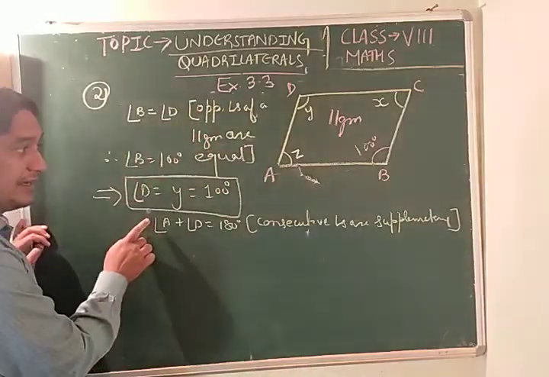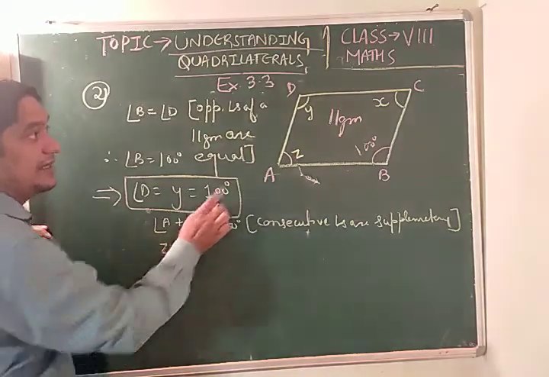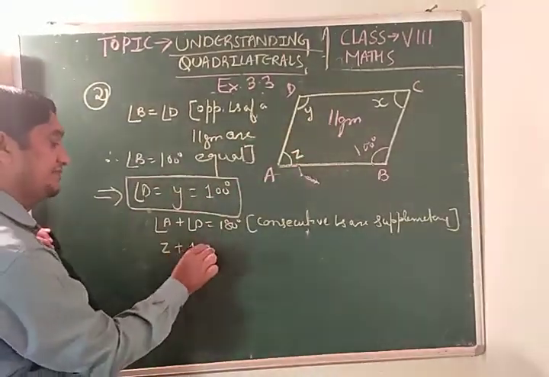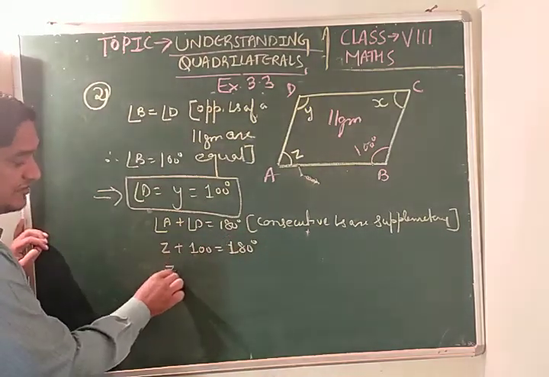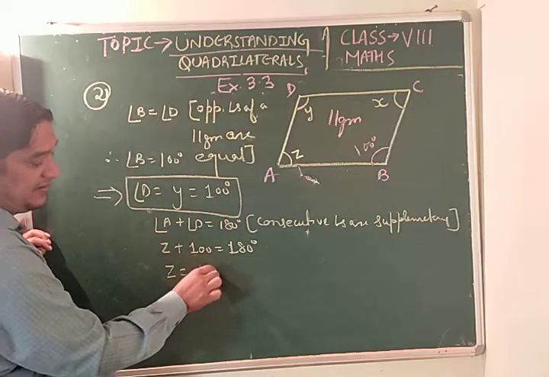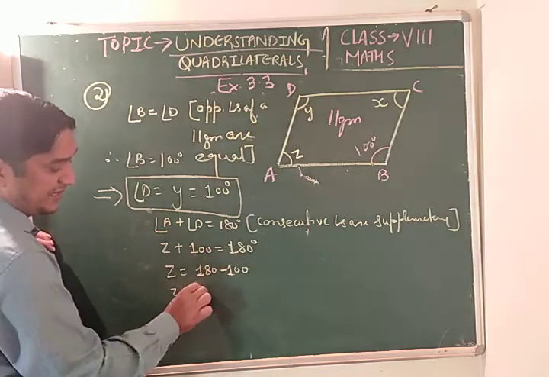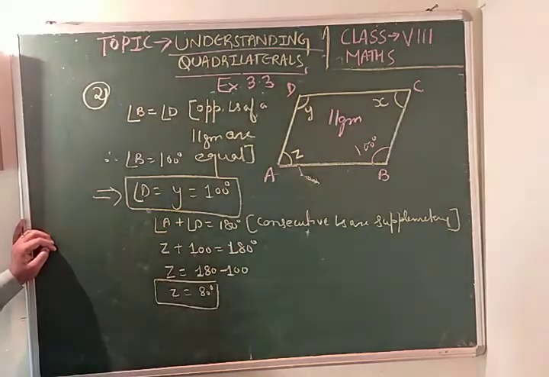So the value of angle A is Z, plus angle D, the value of angle D, that is Y. Y is 100, equals 180 degrees. Now the value of Z is 180 minus 100. It becomes 80 degrees. Now what do we have left?